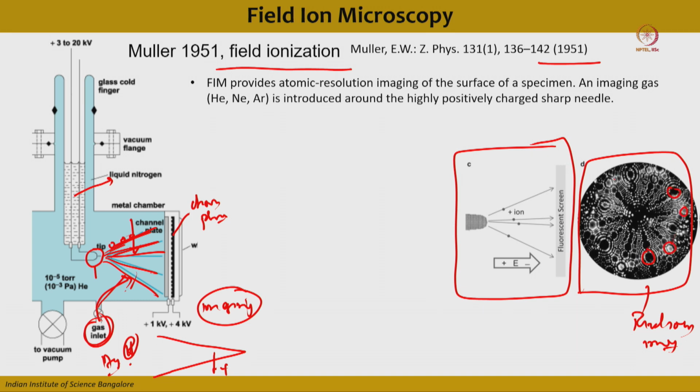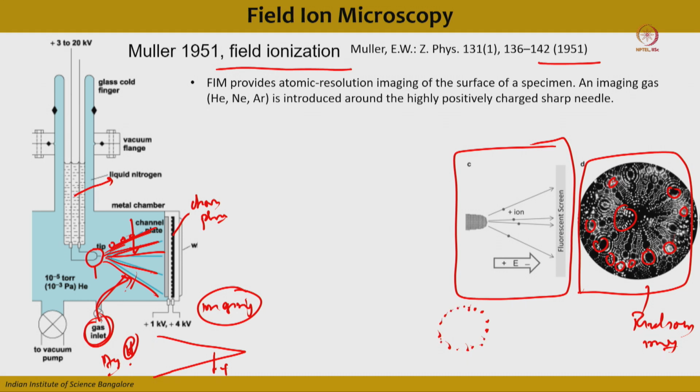Due to which you will develop these spherical things, and each sphere actually corresponds to a certain crystallographic orientation. So if you zoom out this particular region, you will get atoms which are arranged in a circular fashion, correct?